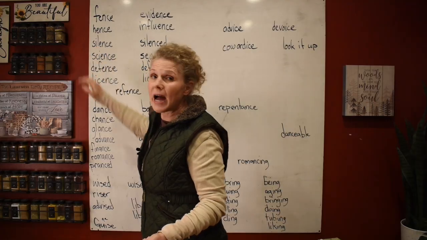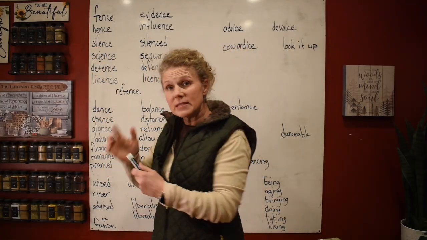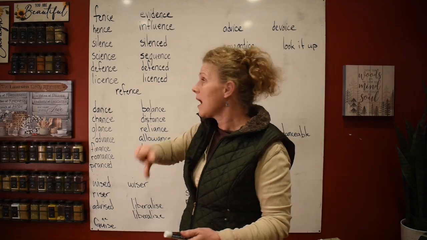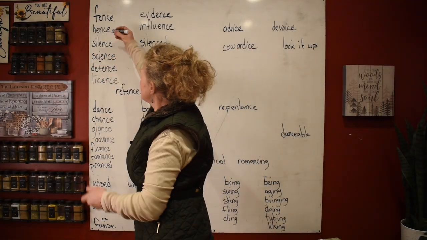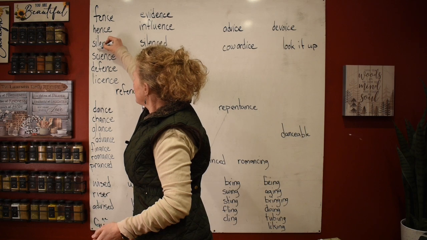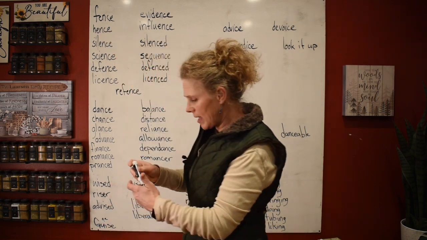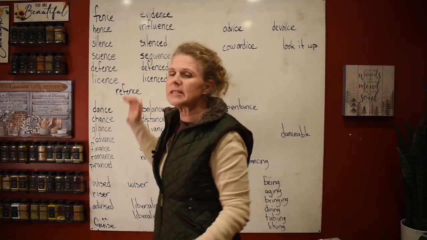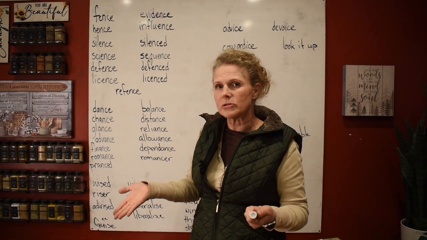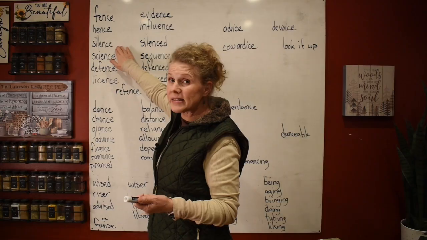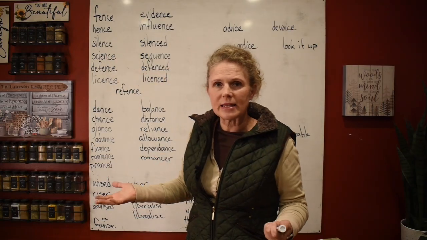Now here is a multi-syllable word. You're going to say sigh, I. See, it's open. That means this I is long, and then you're going to say lens. It's exactly how it sounds. So if you know that sound, you're just going to spell it like that.